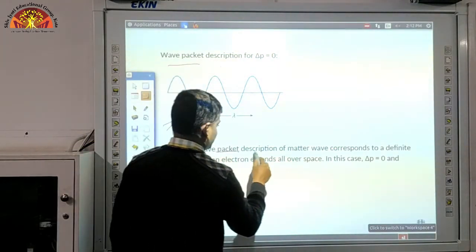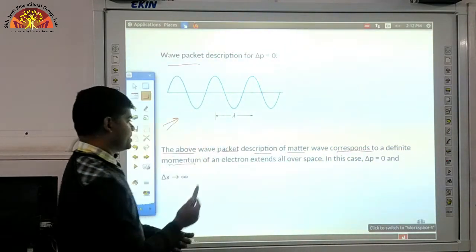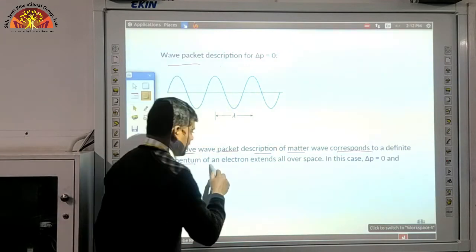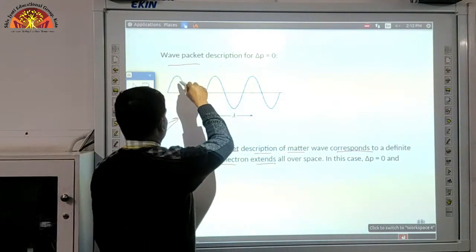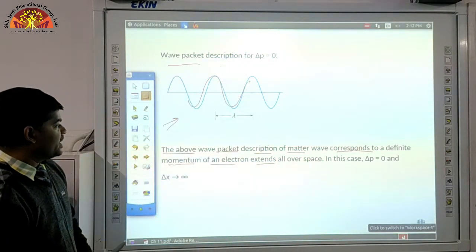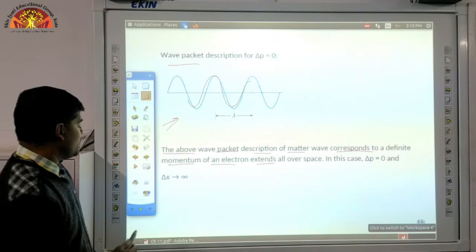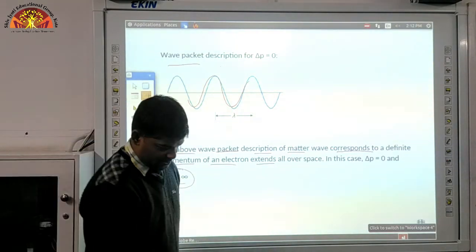The above wave packet description of matter wave corresponds to a definite momentum of an electron extending all over the space. इसका momentum जो रहेगा वो बिल्कुल definite रहेगा, वो change नहीं होगा बच्चों. Next one, in this case del p equals 0 and del x tends to infinite.